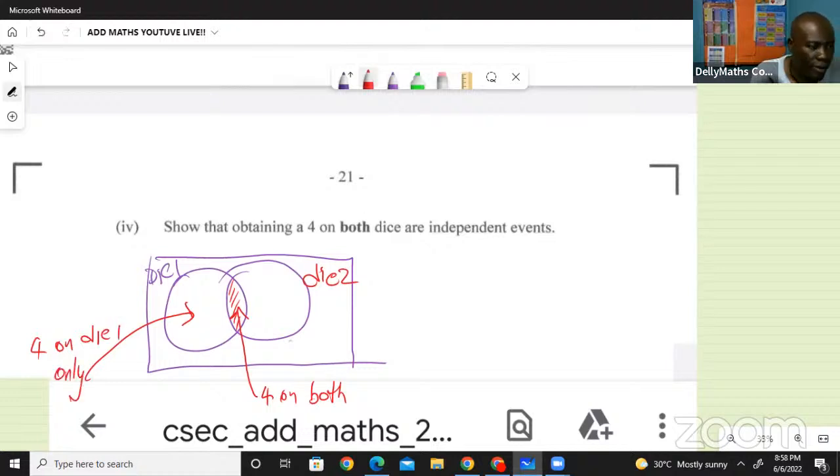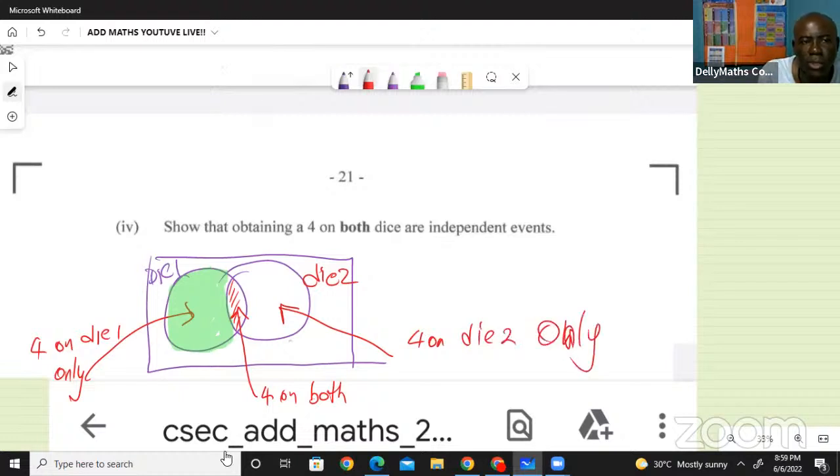So you could say that it is very independent. It's not depending on anything right now. We could get a 4 on die 1 only. I throw it and I just get a 4 on die 1, and that does not affect the fact that I could throw it and just get a 4 on die 2 only as well.